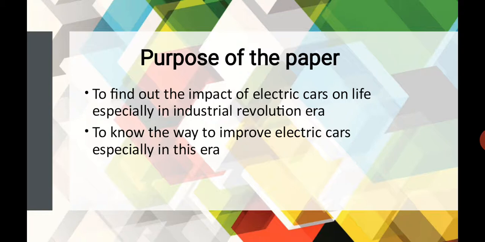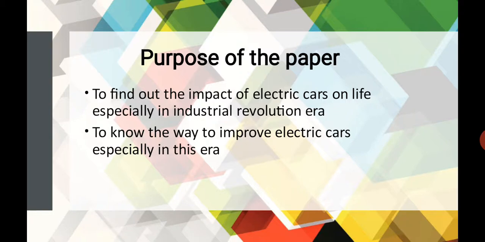First, to find out the impact of electric cars on life, especially in the Industrial Revolution era. Second, to know the way to improve electric cars, especially in this era.